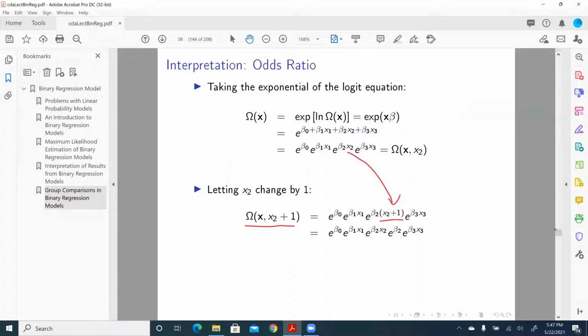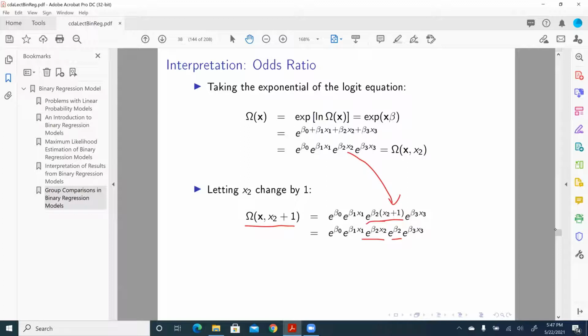And then we expand that term using the distributive law, so it's going to become 2 terms. So the exponential of beta 2 multiplied by x2 plus 1, everything else stays the same.